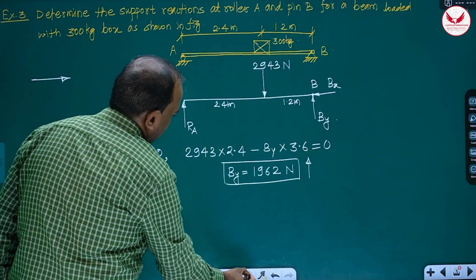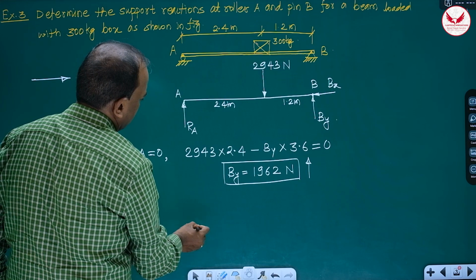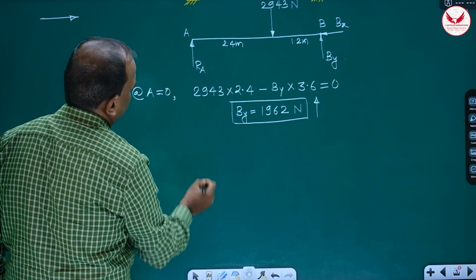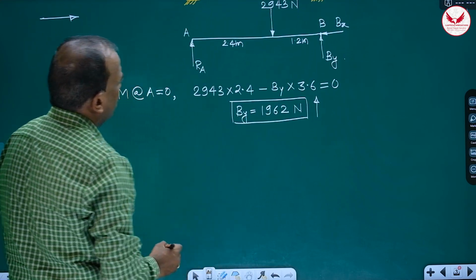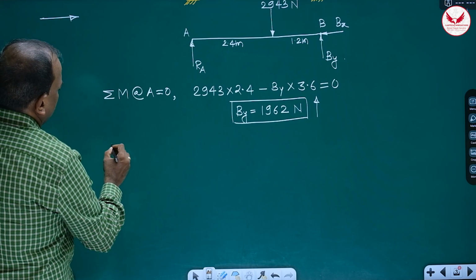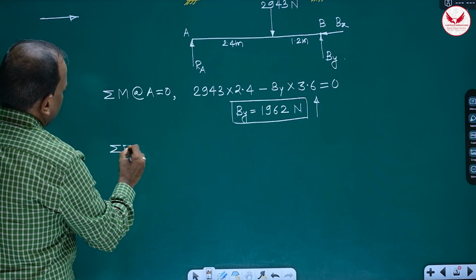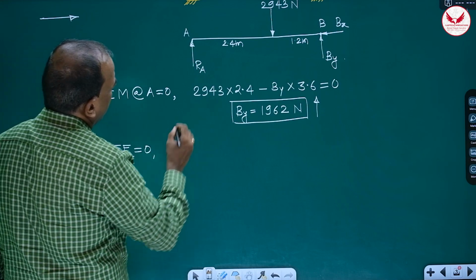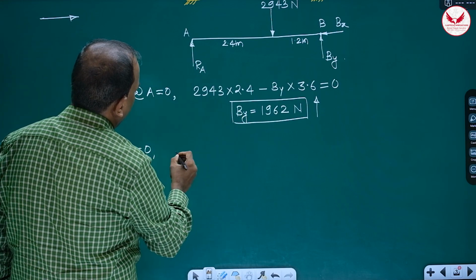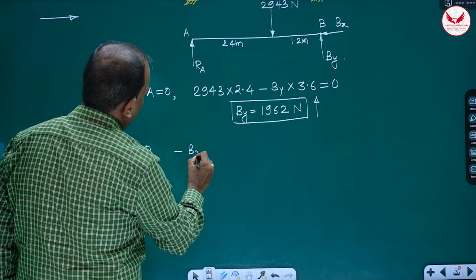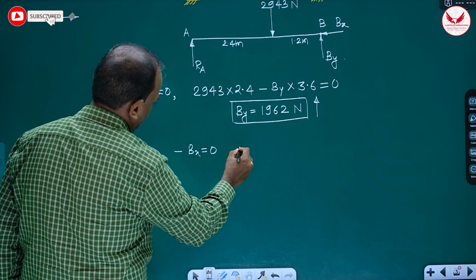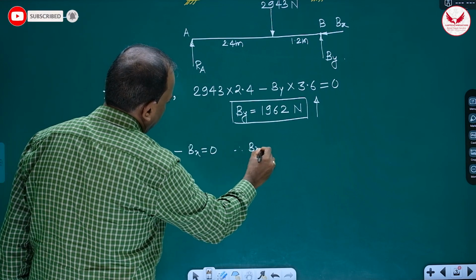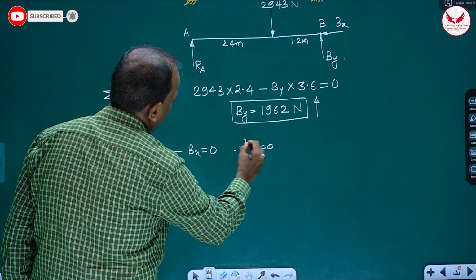Now if we calculate summation Fx, three equilibrium conditions, summation Fx is equal to 0. There is nothing else there, only minus Bx is equal to 0. Hence, Bx is equal to 0. By we know.